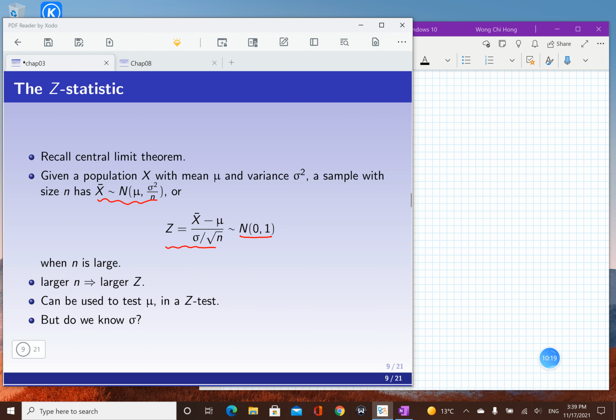You will notice this expression here. What happens to the size of z with the size of n? If you have a large sample size, you can see that in x bar minus mu over sigma over square root of n, that square root of n actually will go on top.